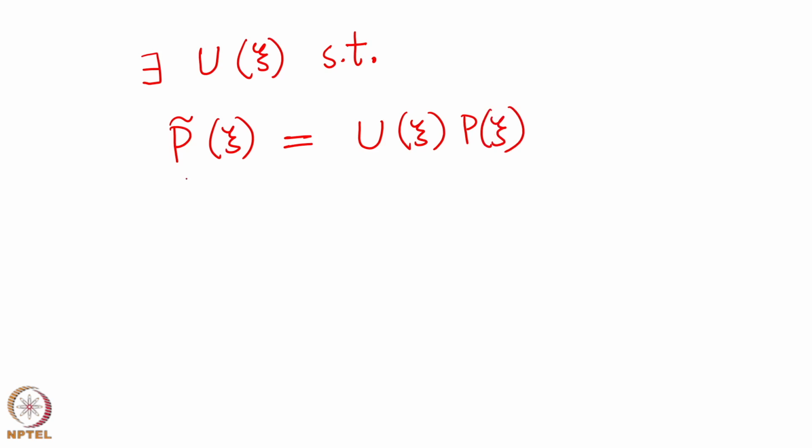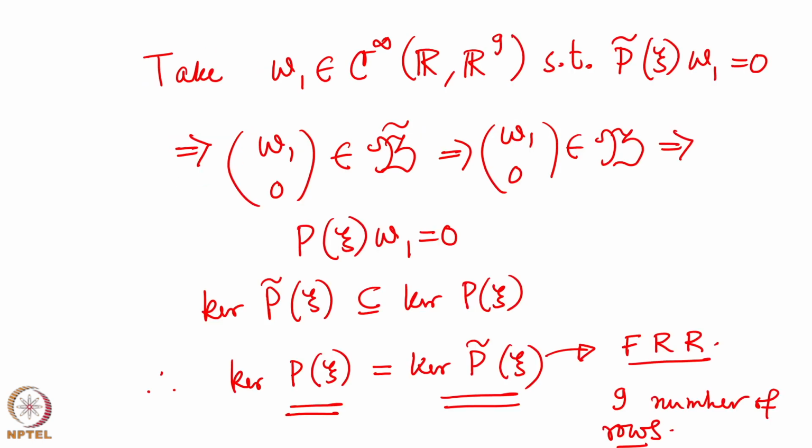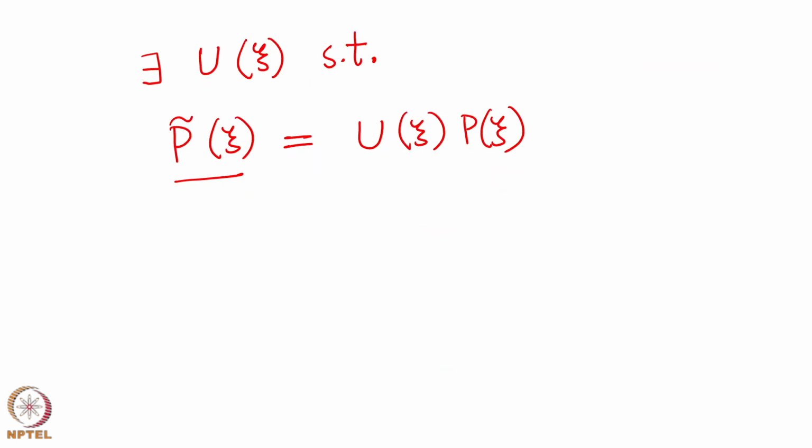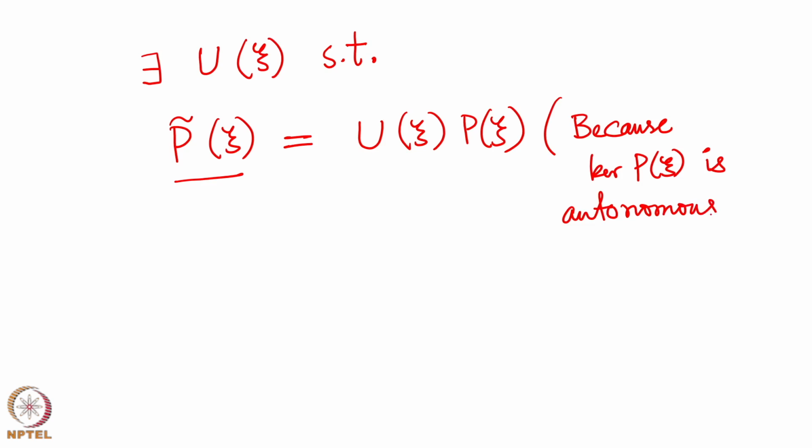You don't even have to assume that P tilde(ξ) is in full row rank form, but in any case, as long as the two are autonomous systems, we have already shown that when the two behaviors are equal, they must be related by a unimodular transformation, which converts P to P tilde. This is by what we have proven, because the kernel of P(ξ) is autonomous. Okay? Lovely.